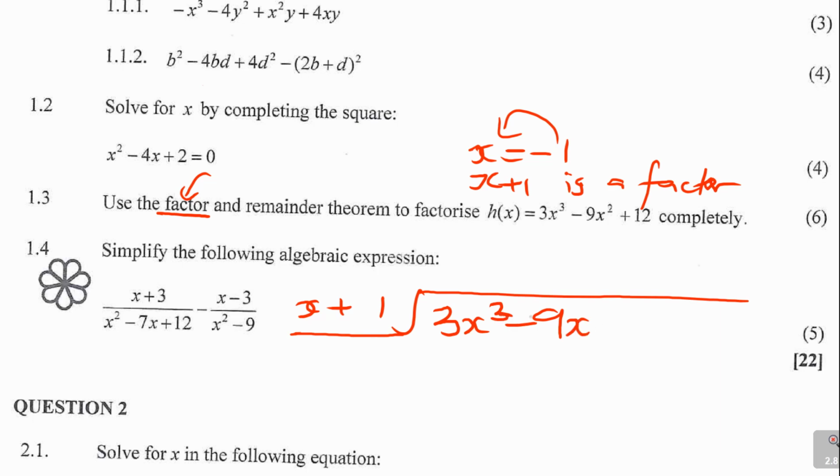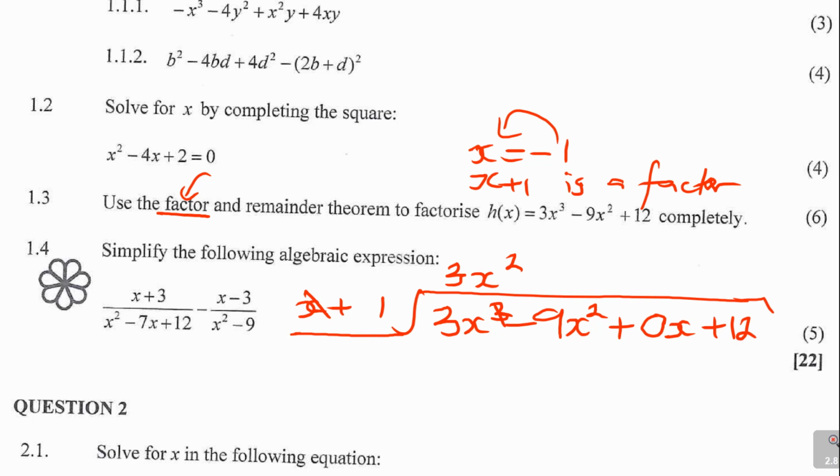3x cubed minus 9x squared. Be careful now, there is no x, you have to represent it as 0x, don't forget that, and then you say plus 12. Then you do the normal long division, where you say x into 3x cubed is 3x squared. Remember, you're dividing x into that cubed, you're left with that 3x squared.